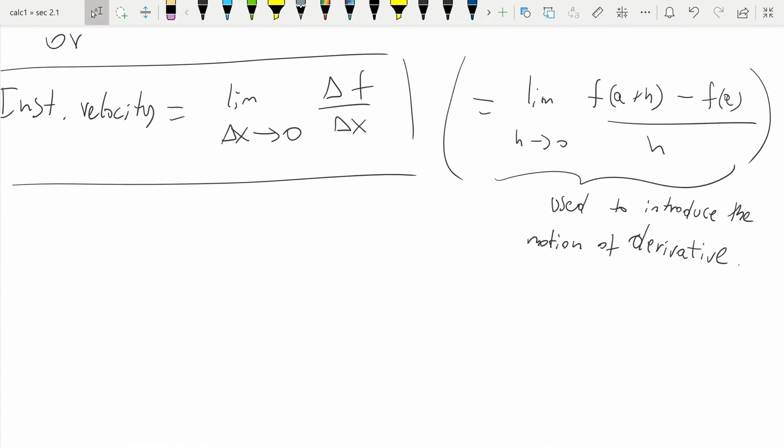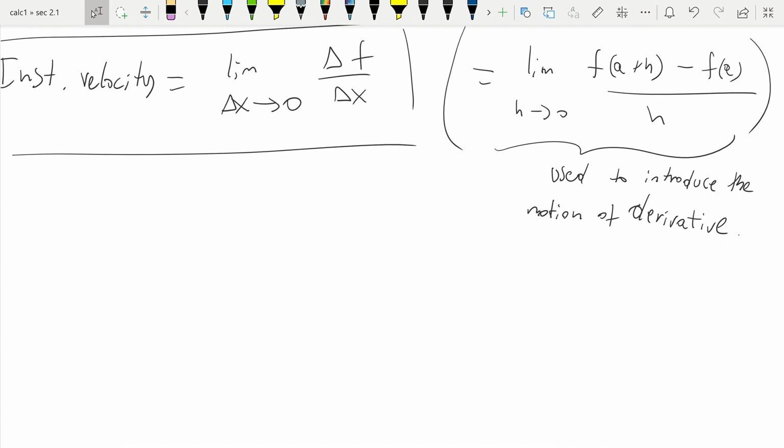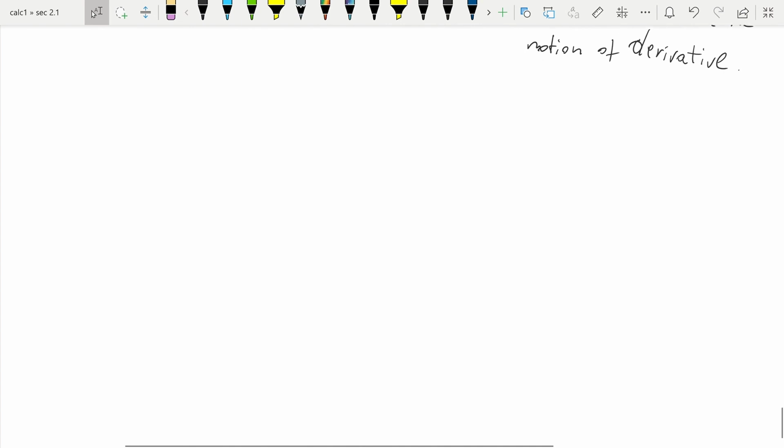But for now, at the very beginning, we just have to understand that this is behind everything we'll do. And in fact, for those of you who will take Calc2, the integrals are also defined as limits, so they appear everywhere in calculus. You started from algebraic things in previous courses, and now once we introduce the notion of limit, we can start talking about slopes of secant lines and area under a curve and instantaneous velocity and things like that.